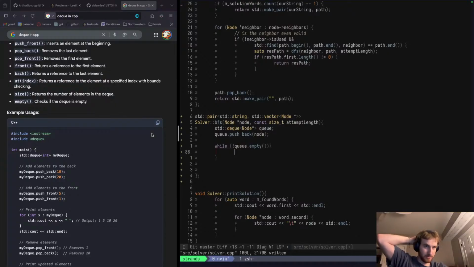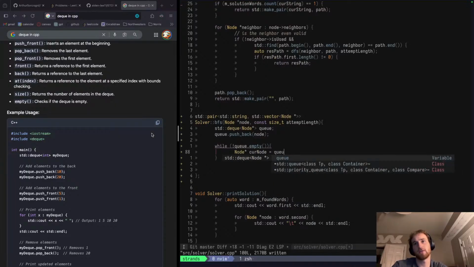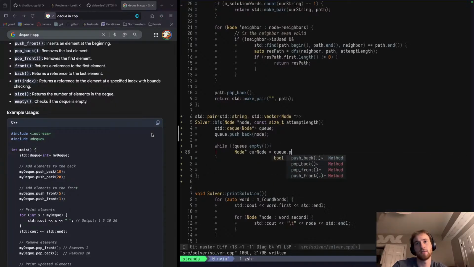So while it's not empty, we have to grab all of its neighbors. Do we have to grab all its neighbors? Node cur node is q dot pop front.